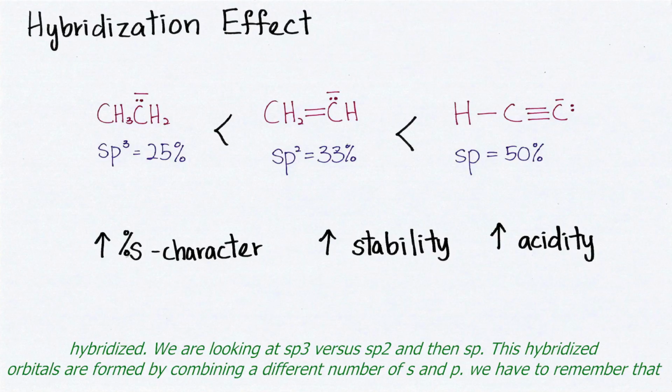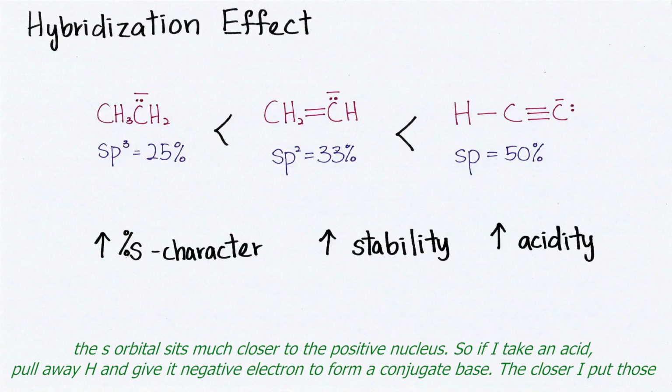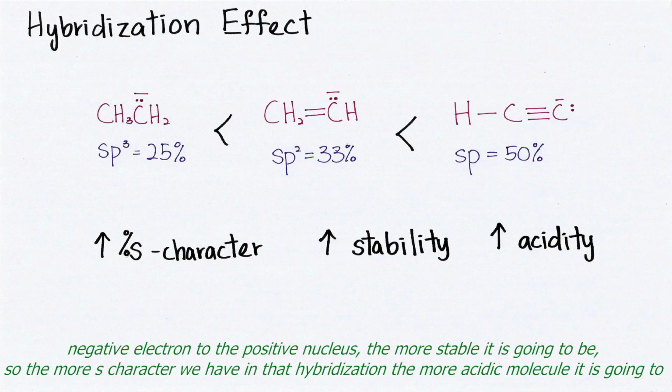These hybridized orbitals are formed by combining a different number of s and p orbitals. We have to remember that the s orbital sits much closer to the positive nucleus. So if I take an acid, pull away hydrogen and give it negative electrons to form a conjugate base, the closer I put those negative electrons to the positive nucleus, the more stable it is going to be.